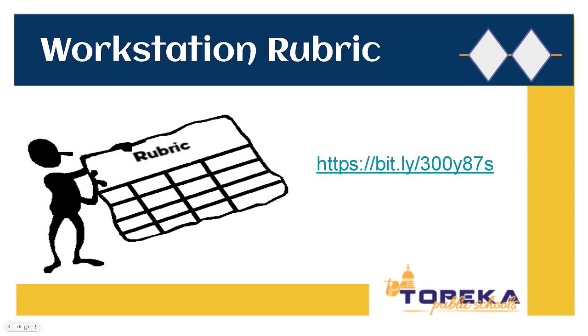So I hope you were able to think about how to differentiate your workstations. This tends to be the hardest place, I think, is to develop differentiated material. But think about how you can vary the task and the material. So I want to share with you the workstation rubric that we have, our literacy workstation rubric for the district.